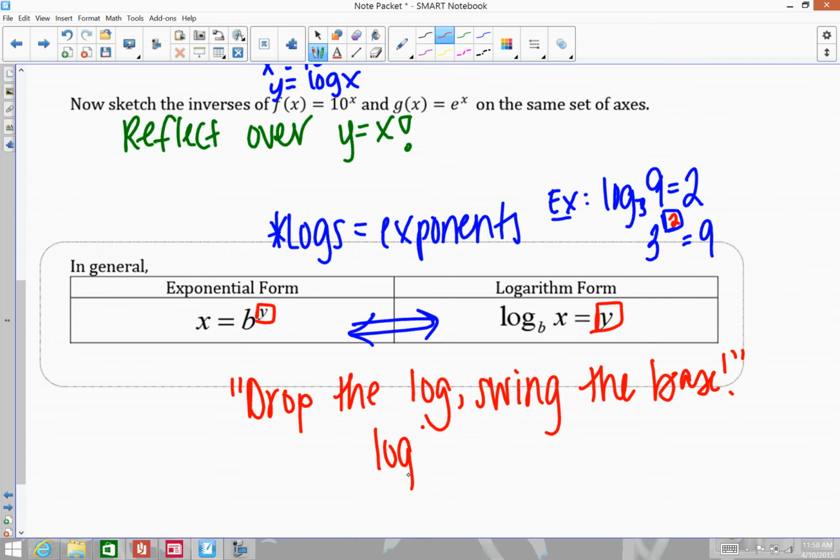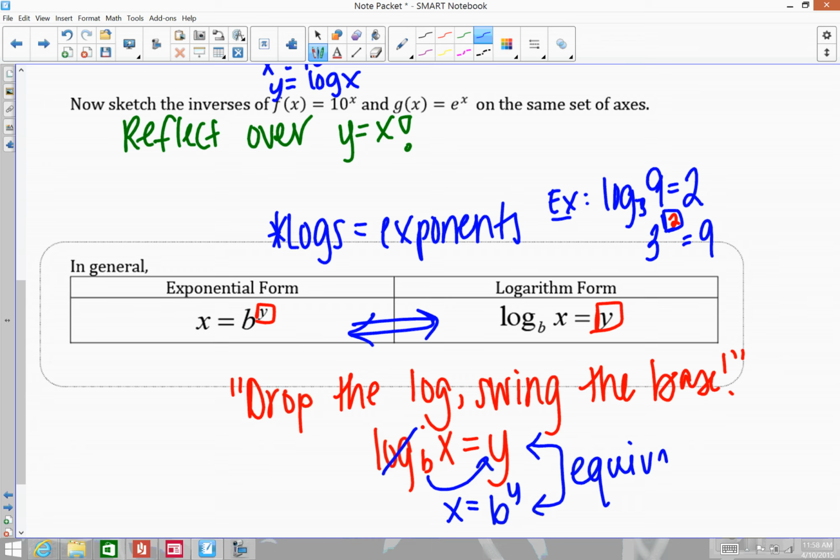If I start with log base b of x equaling y, basically what I remember is I drop the log, so I clear that out, and I swing the base, and it bumps this up. So it becomes x equals the base, and it bumps the y up to an exponent. So these two things are equivalent. The two forms are equivalent to each other, that's just a different form.